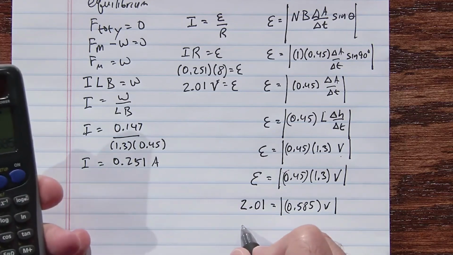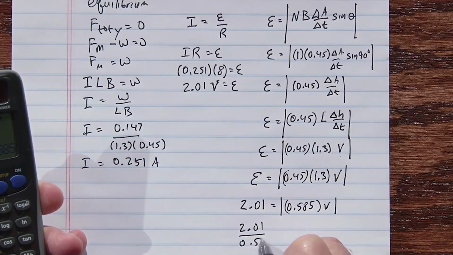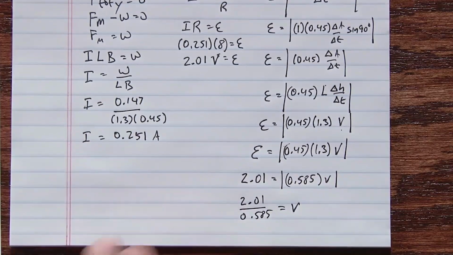And I can finally write that 2.01 divided by 0.585 is equal to the speed of the bar.